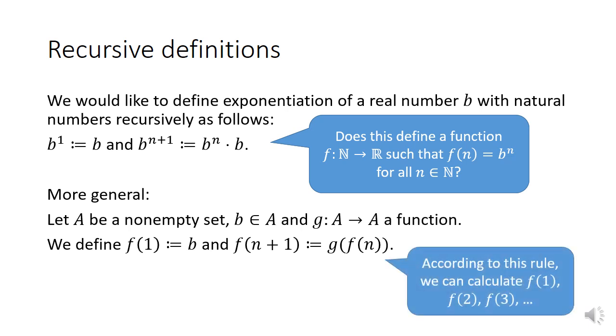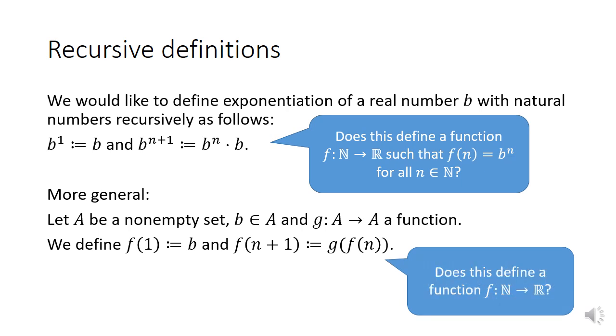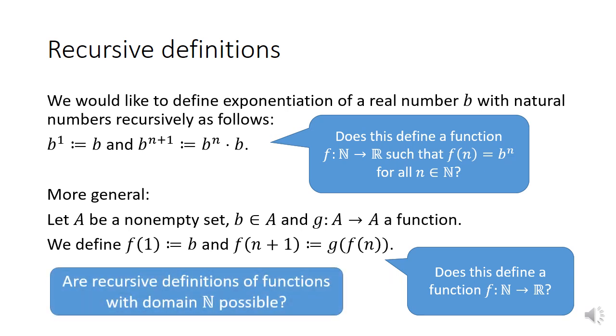Again, we can calculate f of 1, f of 2, f of 3, and so on, potentially without end. And again, the question arises, does this define a function f from N to A? In other words, are recursive definitions of functions with domain N even possible?